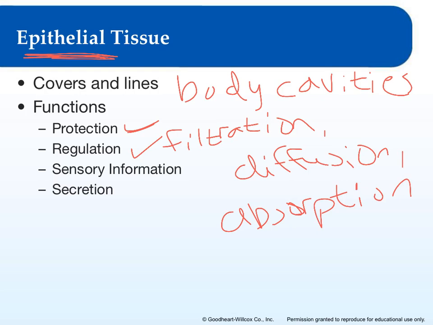It can monitor what goes in and out with the filtration, diffusion, absorption properties. Epithelial tissue could provide sensory information depending upon where it is located, as well as do secretion. For instance, it could secrete mucus, okay, from goblet cells. So epithelial tissue, depending upon where it is, can have one of these 4 basic functions here.